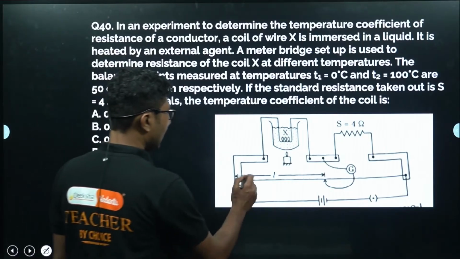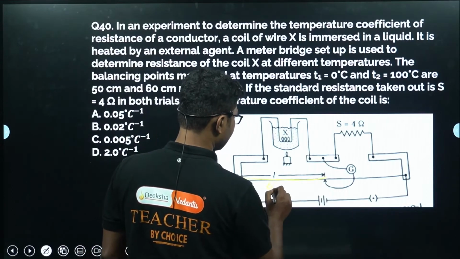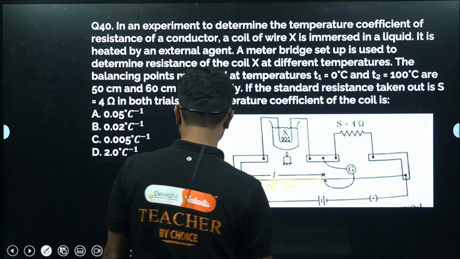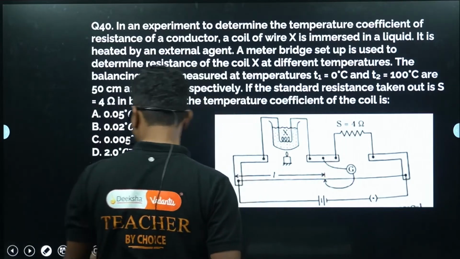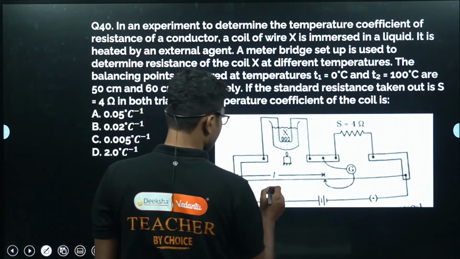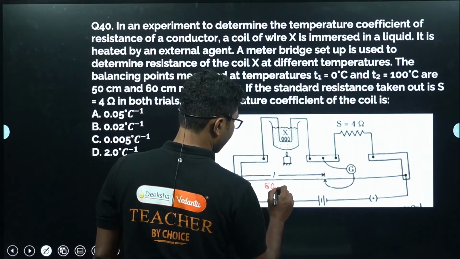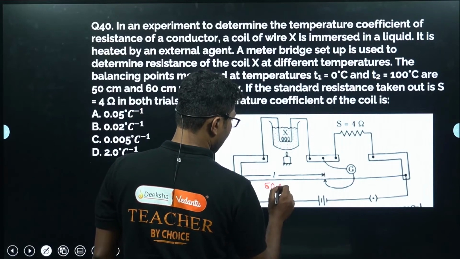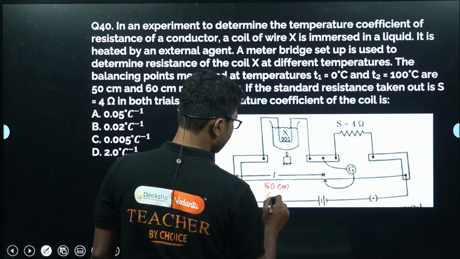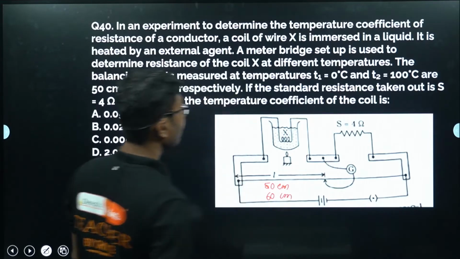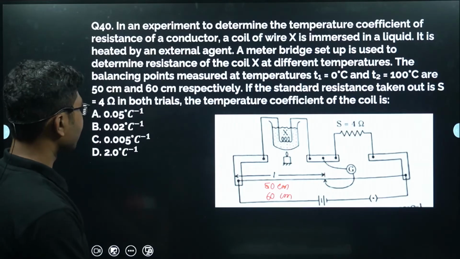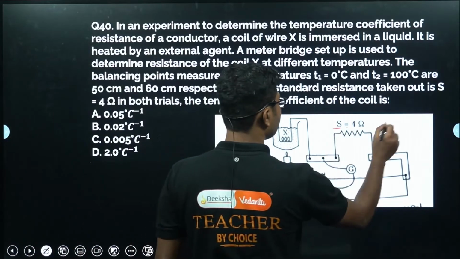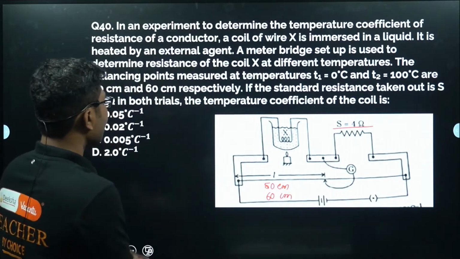So the balance length is 50 centimeter for 0 degree Celsius, and at 100 degree it is 60 centimeter. If the standard resistance taken out to be S is 4 ohm, then what is the temperature coefficient of the coil?